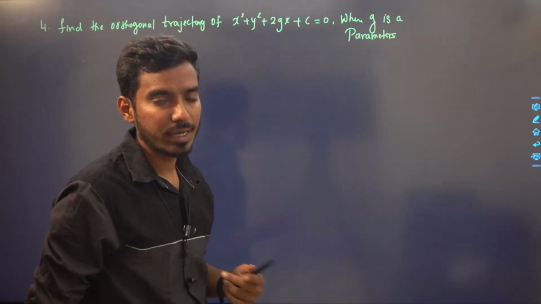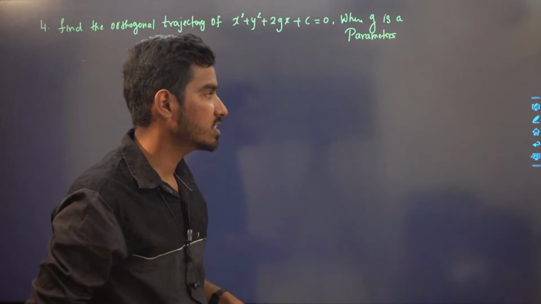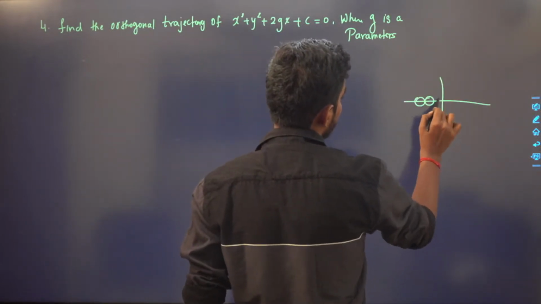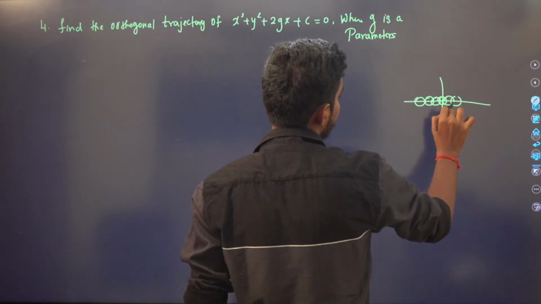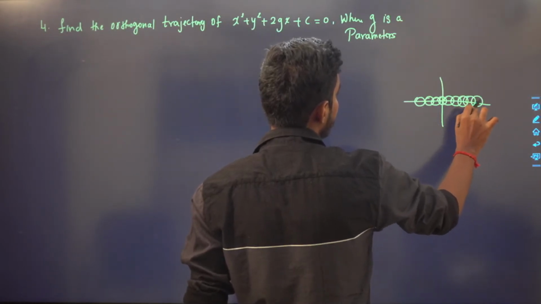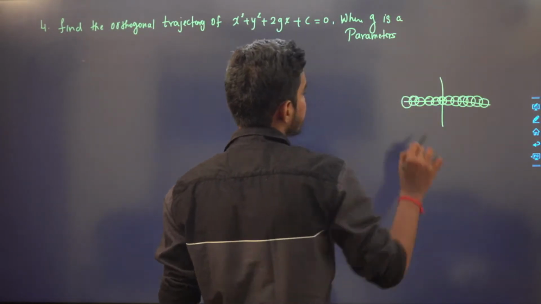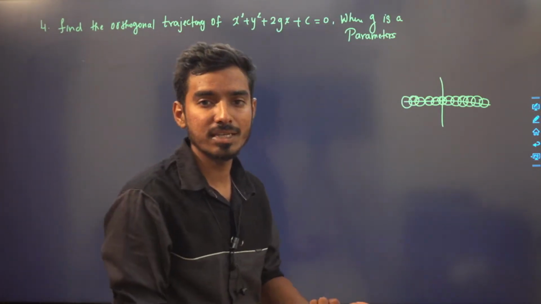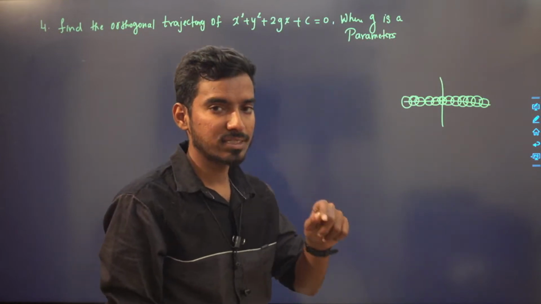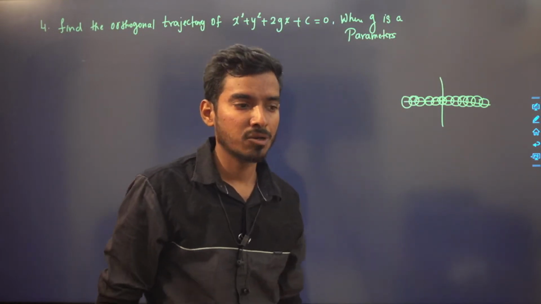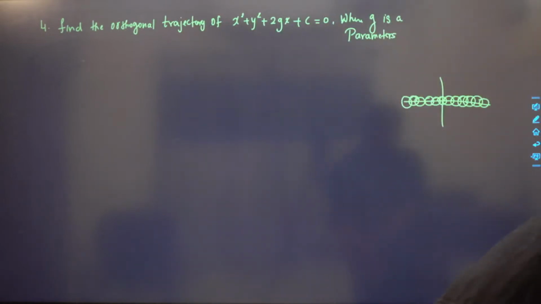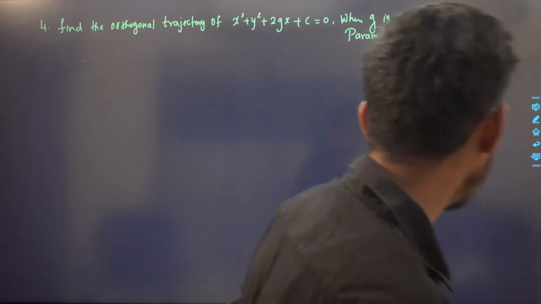Here g is the parameter. If I keep on changing g, you will have all circles that are centered on the x-axis, right? Because the center is minus g comma 0, and g is varying. If g is positive, we will have circles centered on the positive x-axis. If g is negative, you will have those on the negative side.